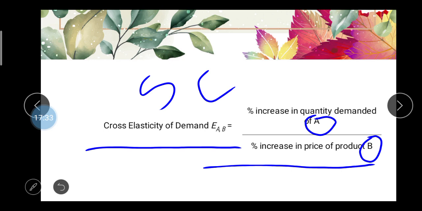Cross elasticity of demand has been asked three or four times in short questions in the GTU examination, and price elasticity of demand is also asked. So from unit 1 you have to prepare the law of demand, then the nature and scope of economics, and the difference between micro and macroeconomics. In this video lecture you have to learn about price elasticity of demand, its types, and cross elasticity of demand.